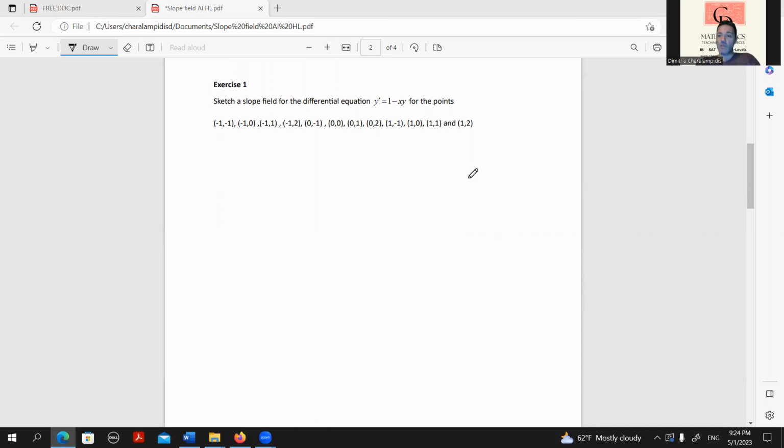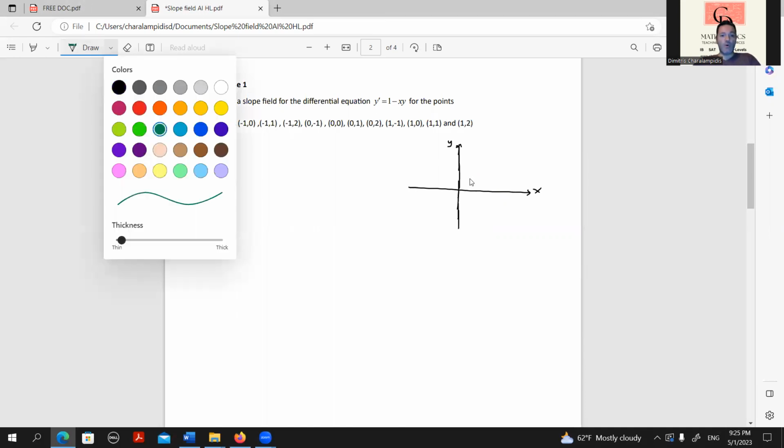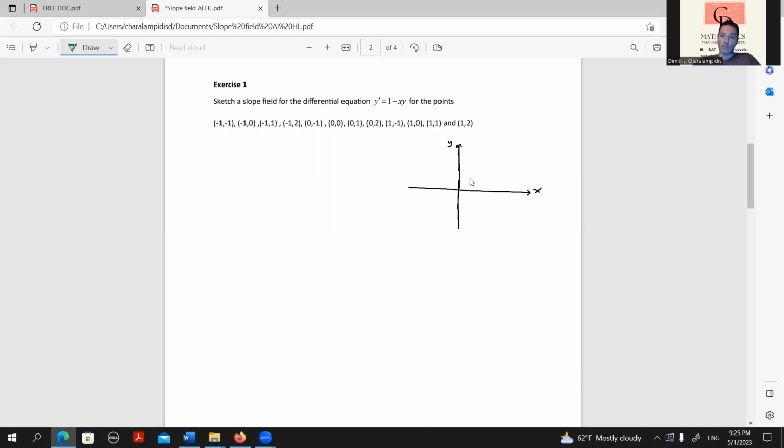So, we need this for each one of these points, and at first I will draw a set of axes, x-axis and y-axis, and I will put all these points. Let's assume that here we have 0, 1, and 2, and here we have -1, 1, 2, and -1.